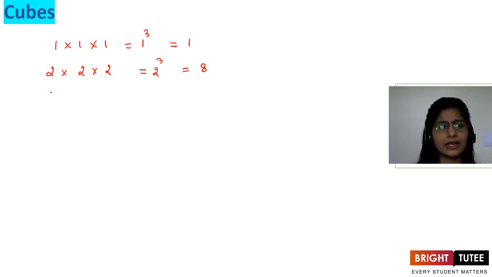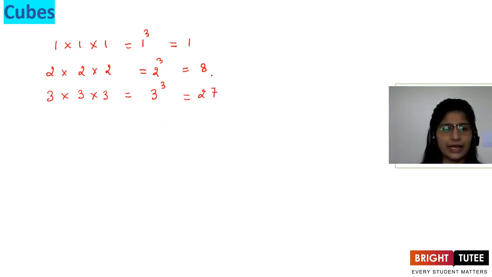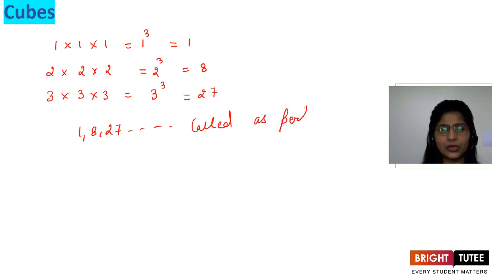The next thing that we learn here is, suppose I write 3 into 3 into 3. That gives me 3 to the power 3 and it is equal to 27. So the numbers like 1, 8, 27 and so on are called perfect cubes. They are cubes of some number. These are known as perfect cubes.